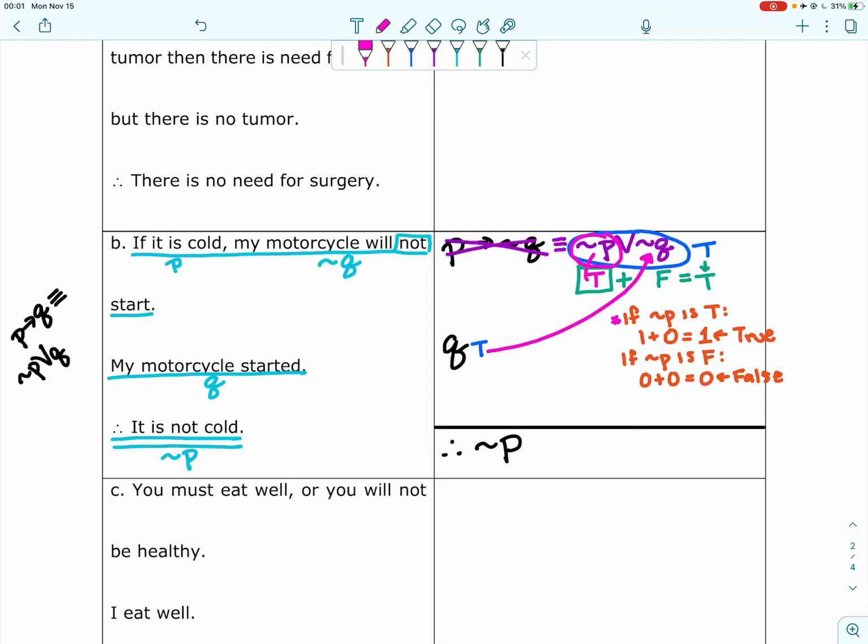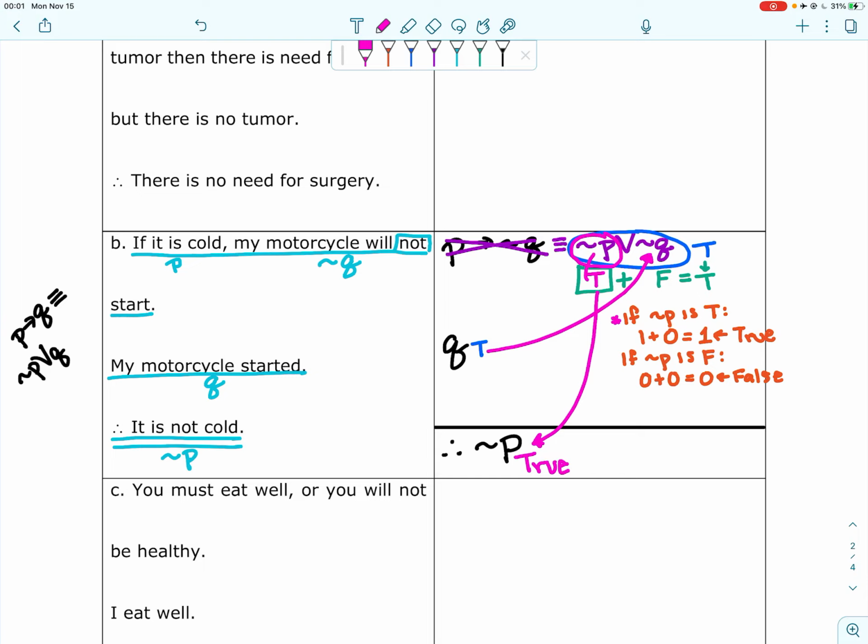If this not P is true, this is also not P. It's the same thing. So not P is true, which means the not P down here, our conclusion, is true.